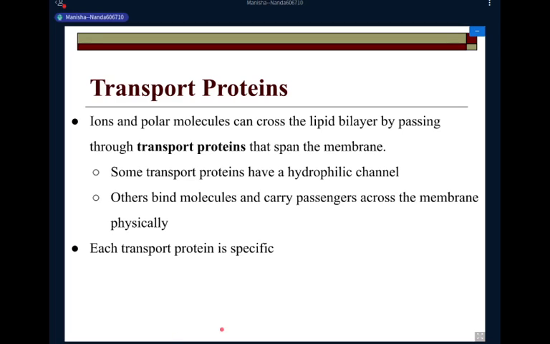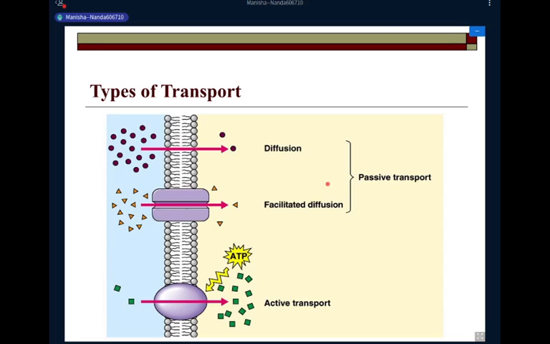Okay, let's move ahead. Now, before talking of the specific types of transport proteins, we'll take a look at this diagram and see what are the basic types of transport that can occur across the membrane. Membrane transport is broadly classified into two types.